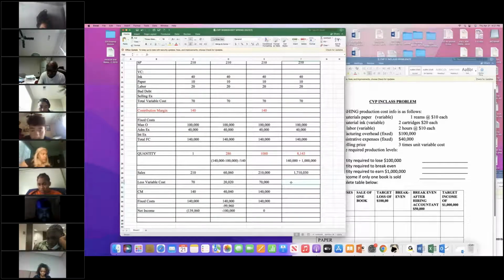What's our contribution margin going to be? 1,140,020.